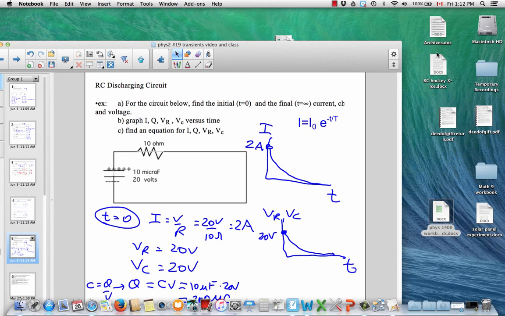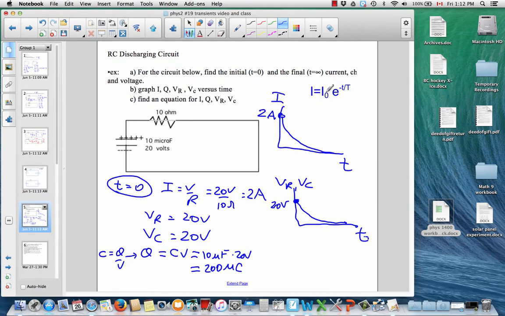Okay, so our current will have the form of a constant, the initial current, times a decaying exponential e to the minus t over capital T, where capital T is the time constant. Now we're going to show in a derivation in class that the time constant, which uses capital T, you could also use a Greek letter tau if you like.